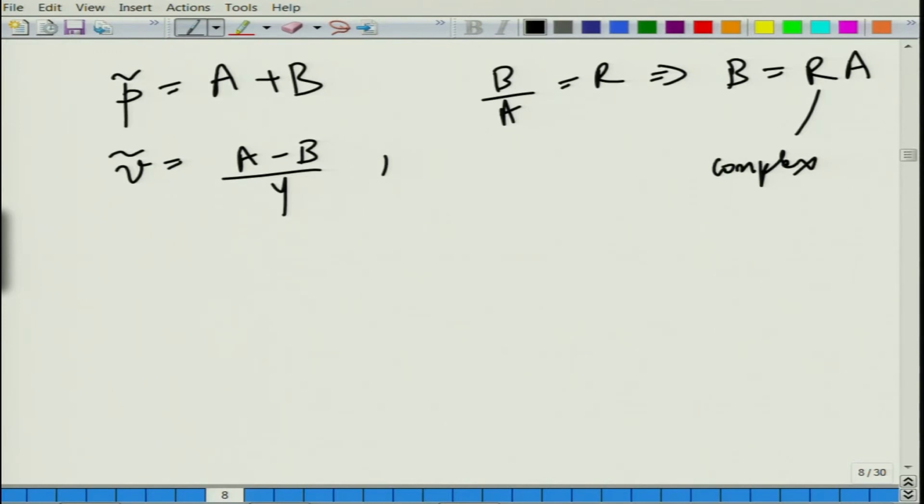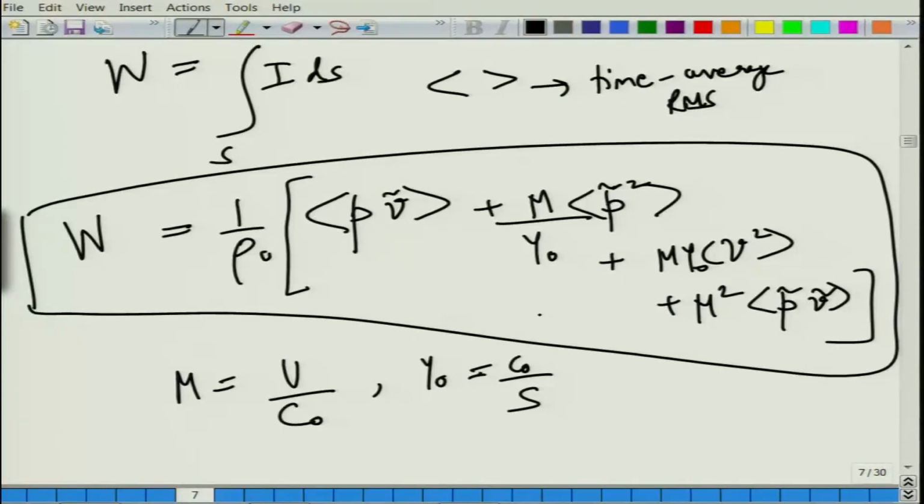Okay. So, now once we substitute these two in the big expression that we developed here, I am going to avoid the algebra and just present to you the final result of how it would look.